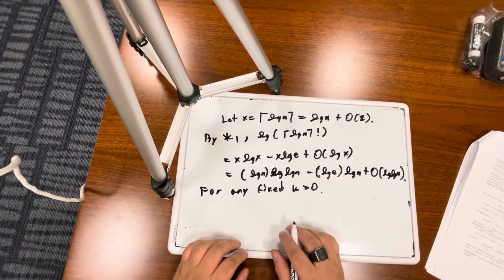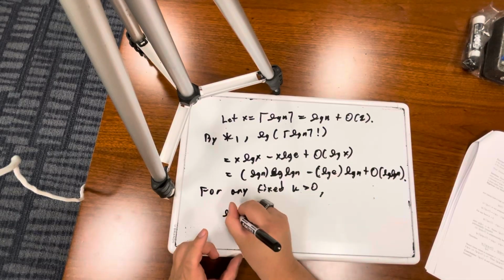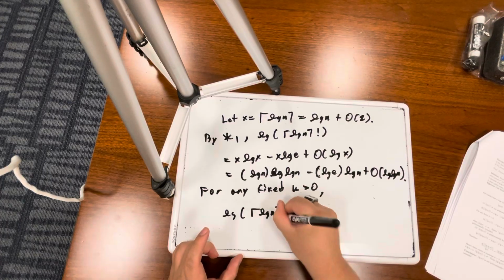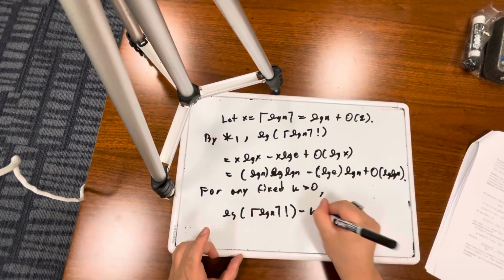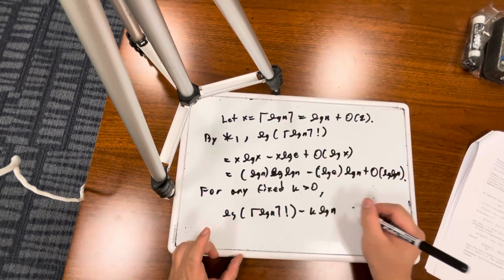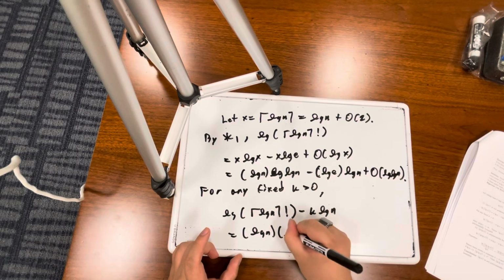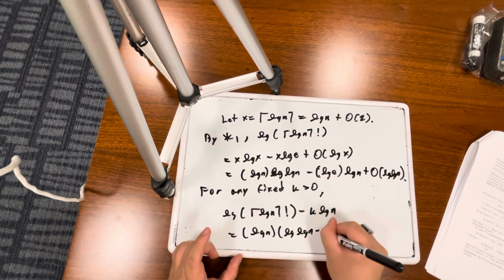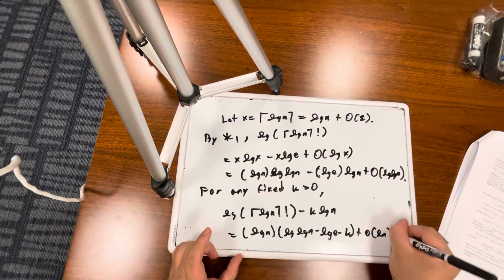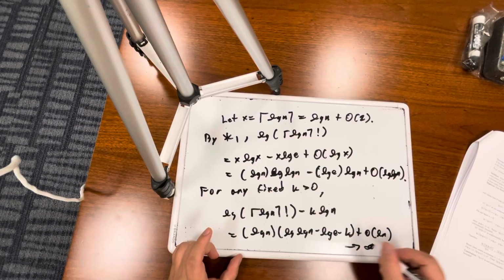But anyway, for k greater than 0, we have that log of the floor function of log n factorial, minus k times log n, is equal to (log n) times (log n minus log e minus k) plus little o of log n. This approaches infinity as n approaches infinity.